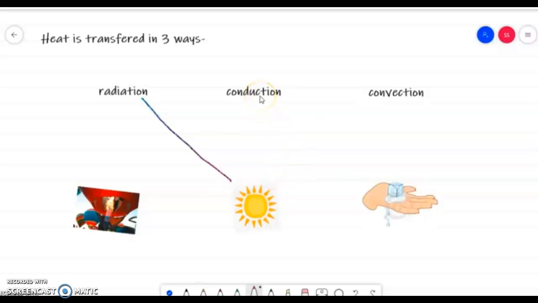Conduction. That's when 2 substances meet. They have good direct contact with each other, such as the hand and the ice cube. And we have convection, which is dealing with the hot air in this picture with the hot air balloons.